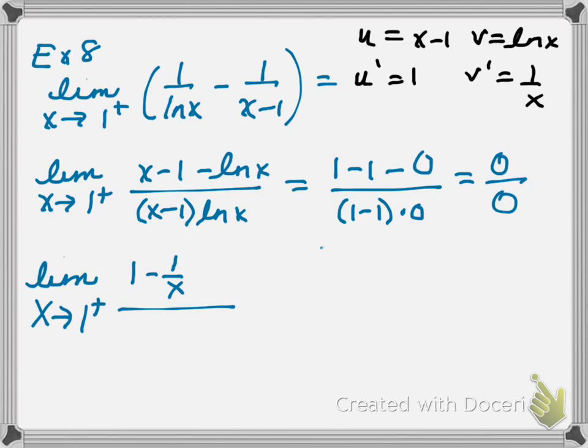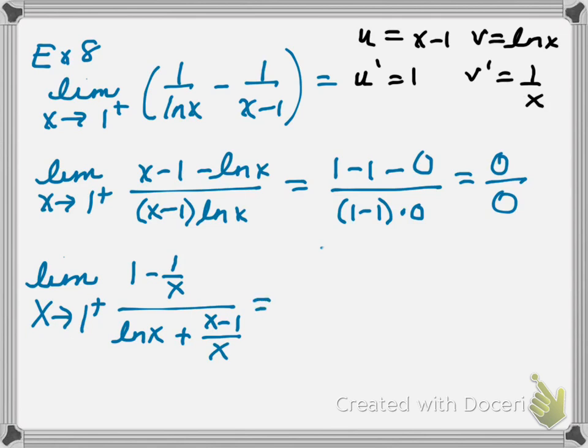So now if I do u prime v plus v prime u, I will end up with ln of x, that's my u prime v, plus v prime times u would be x minus 1 over x. That's simply multiplying these two together. So now, how am I going to simplify that?